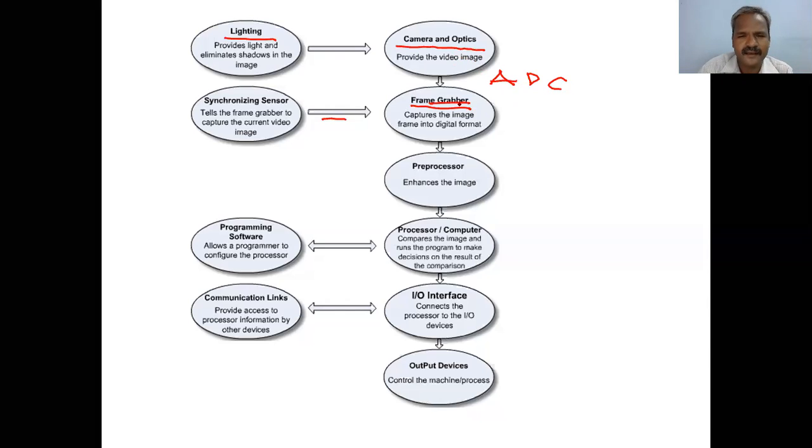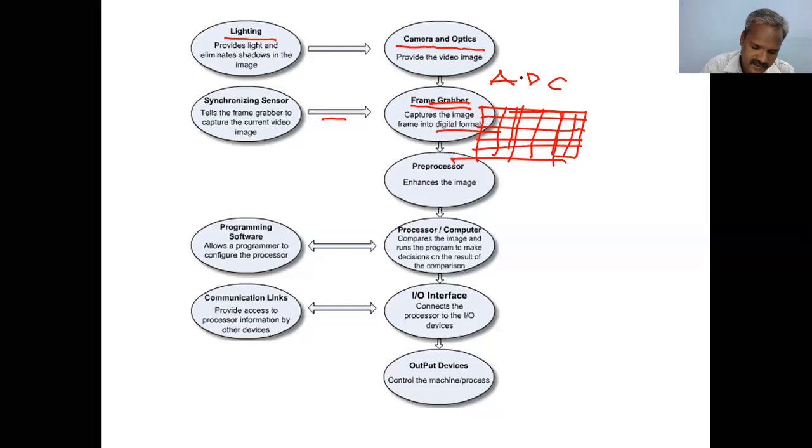The frame grabber captures the image frame in digital format, as a pixel format. Last class I already informed you about pixels: in the olden days 256 by 256 pixels, then a little higher resolution, 512 by 512 pixels, and so on.